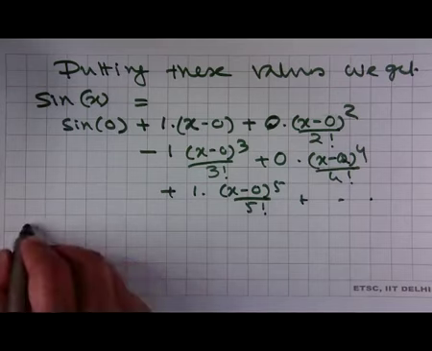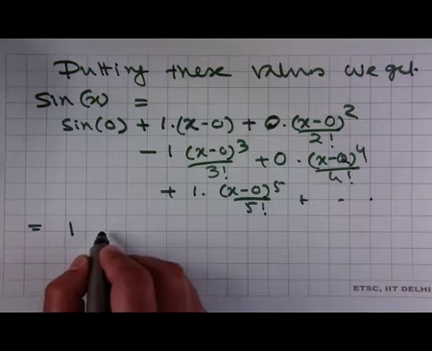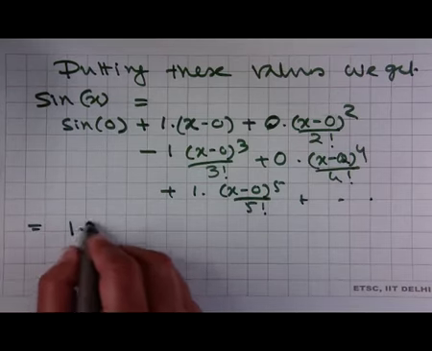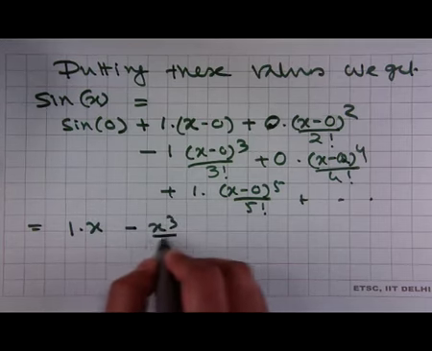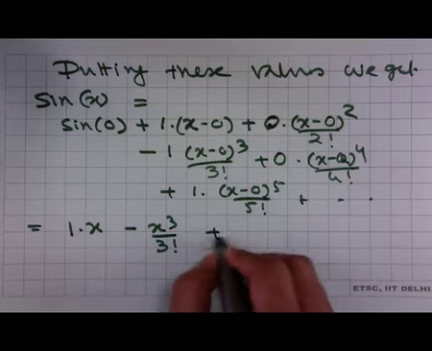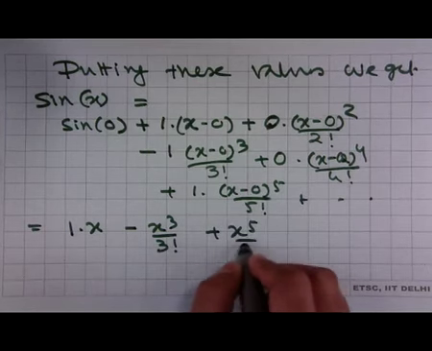Like that, this is equal to 1 times x minus x cube upon factorial 3 plus x to the power 5 upon factorial 5.